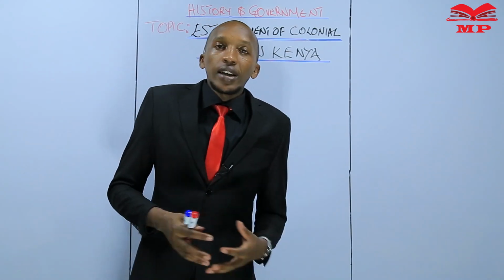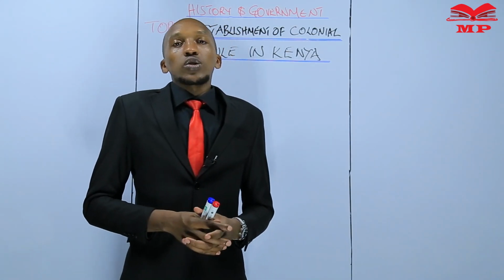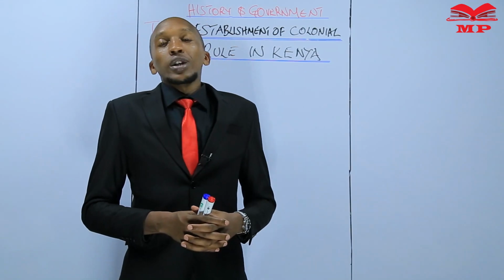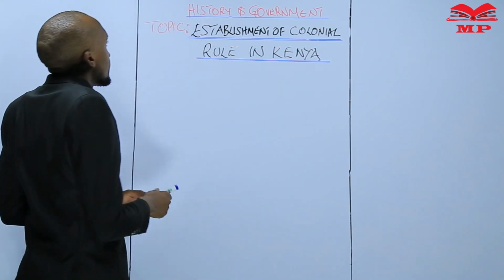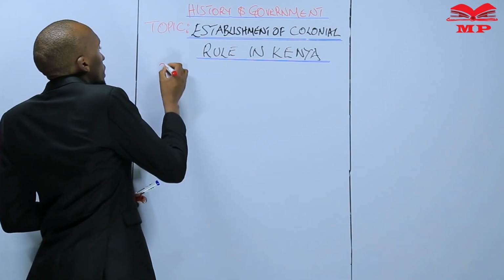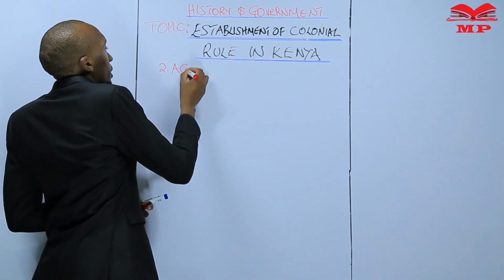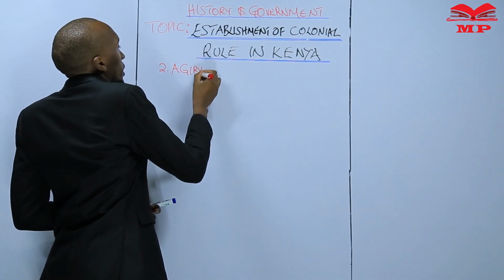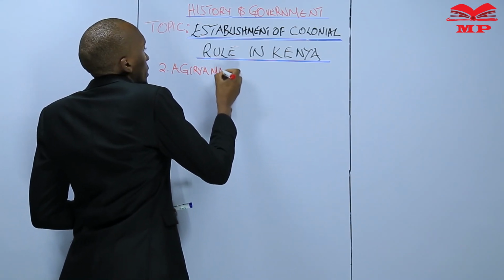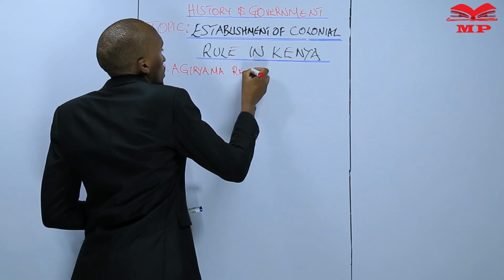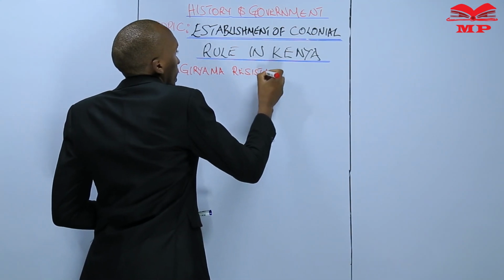We studied the Nandi resistance, and in our last lesson, we started the second community, which is the Agiryama resistance. That is what we are studying.